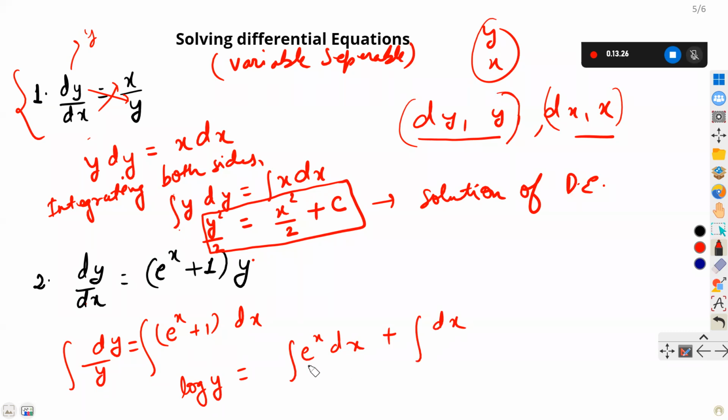What is the integration of e^x? It's just e to the power x. And what is the integration of dx? Actually it is 1 dot dx. So what is the integration of 1 dx? Yes, we'll get x, and since it is indefinite, we're going to add an integration constant c. So this will be the solution of our second differential equation.